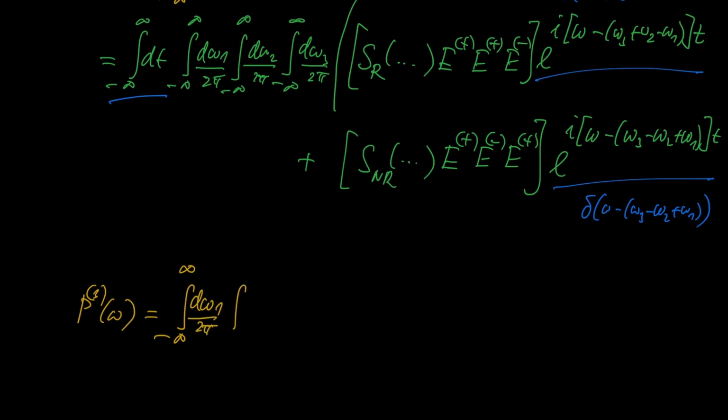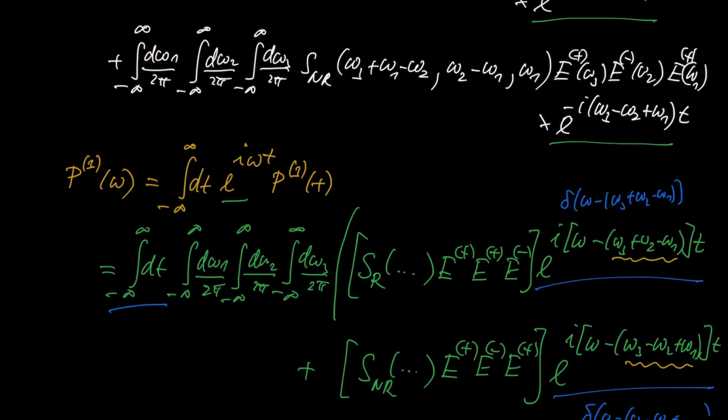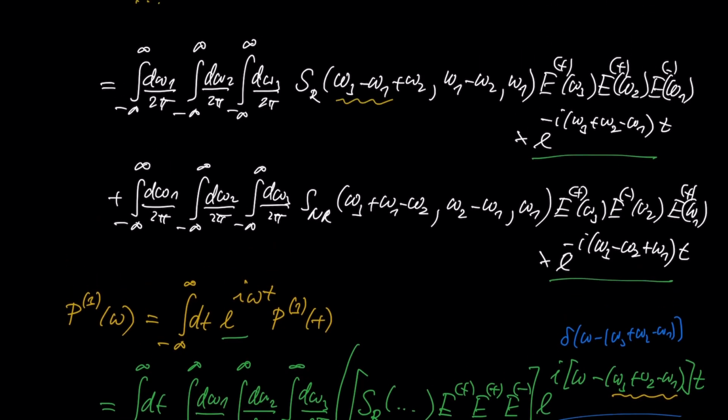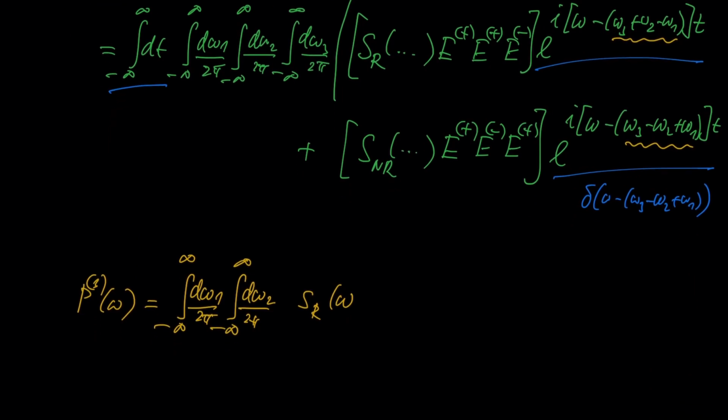And now the integrals, d omega 1, d omega 2, S_R of omega, because this we can easily identify as the first argument of the S_R, and here S_NR. So this is the omega, and we integrate over the other two dependencies, which are omega 1 minus omega 2 and omega 1.